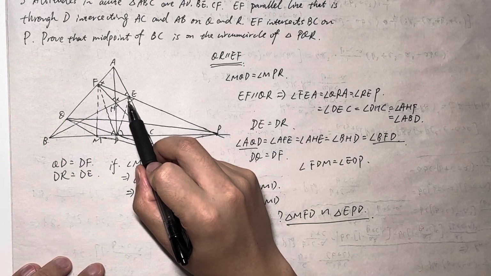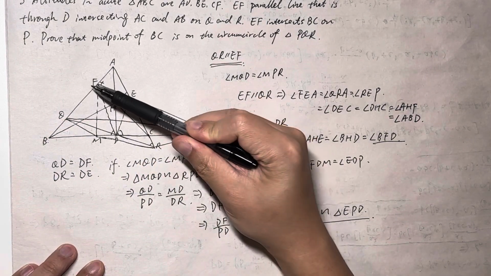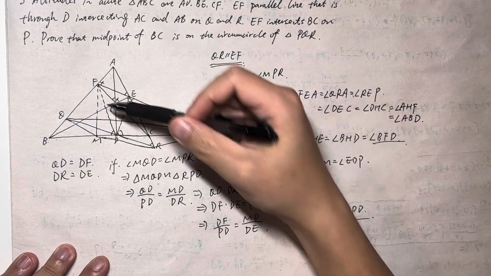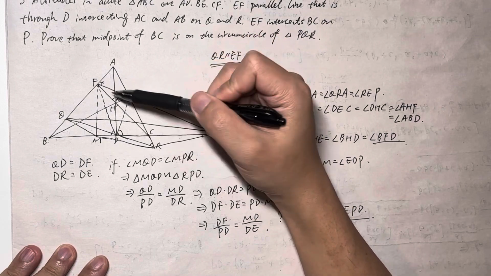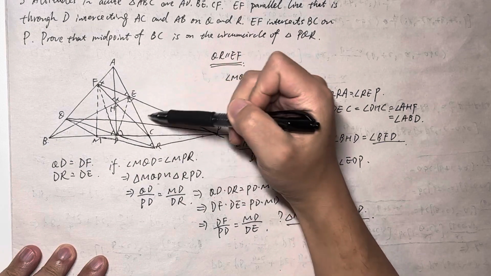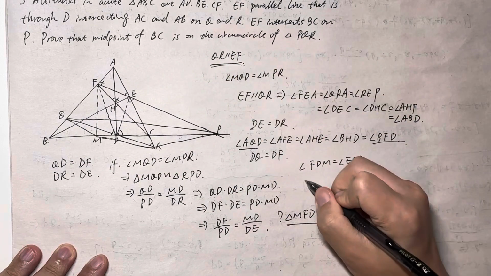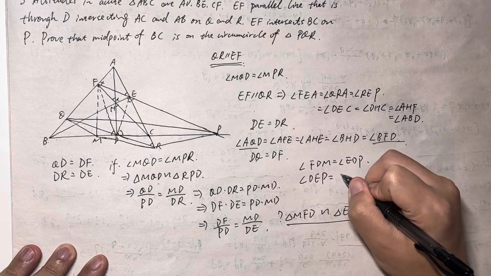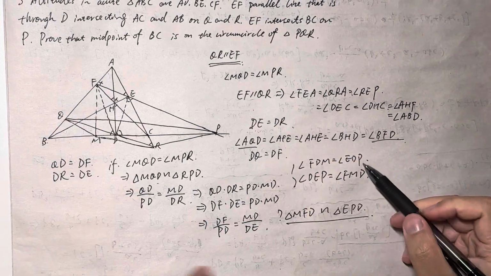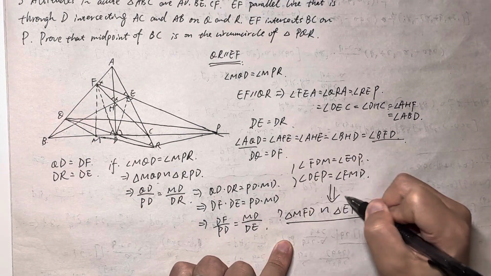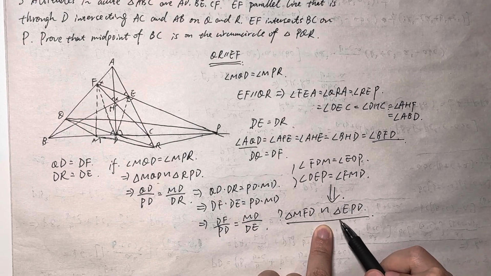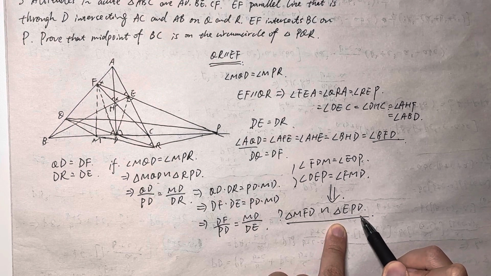And for another one, see here, because FEDM are cyclic, right? The circumcircle of FEDM is the 9-point circle of the triangle ABC, right? They are cyclic. So angle DEP equals angle FMD. And from these two, we know that triangle MFD is similar to triangle EPD, right?